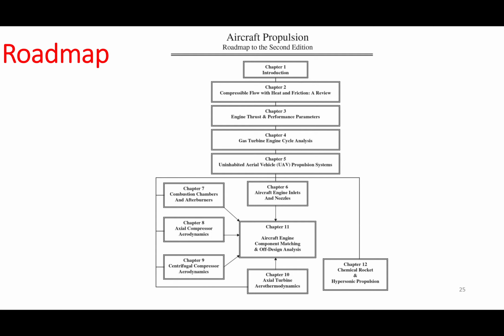And all of them are going to feed into chapter 11, which is going to be a propulsion, fluid mechanics design chapter, in which you're going to get an overview of a propulsion system, how to design a propulsion system, and how these different parts talk to each other, and how they all come together like different pieces of a puzzle.